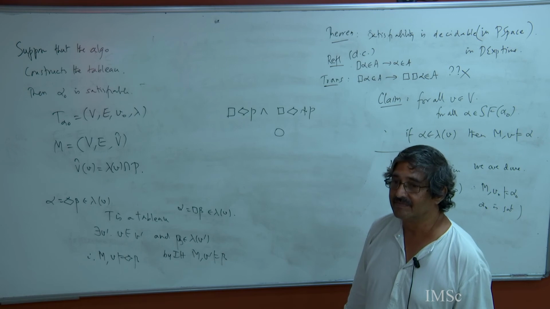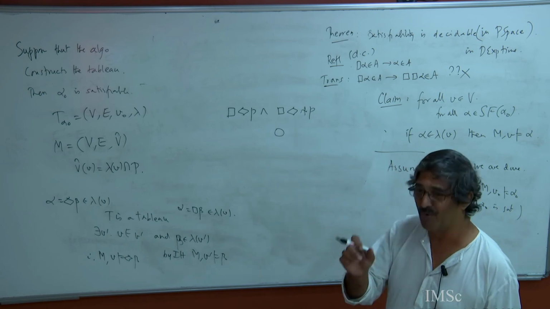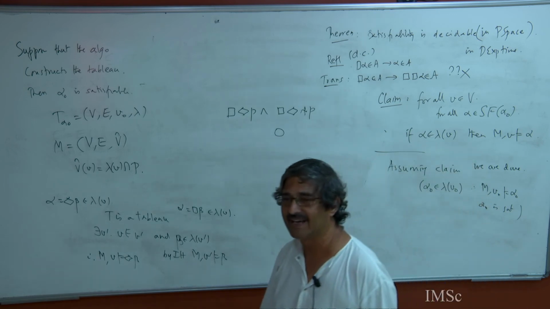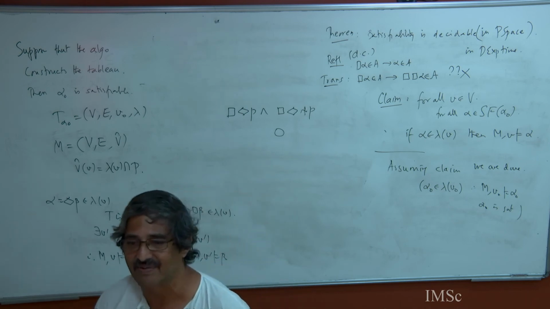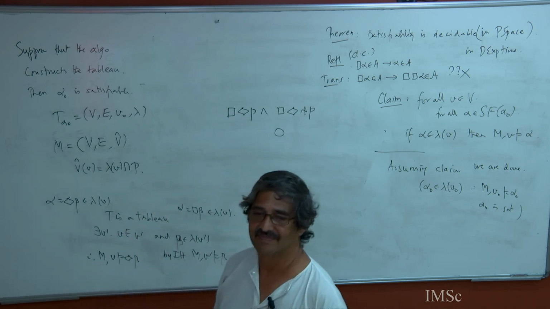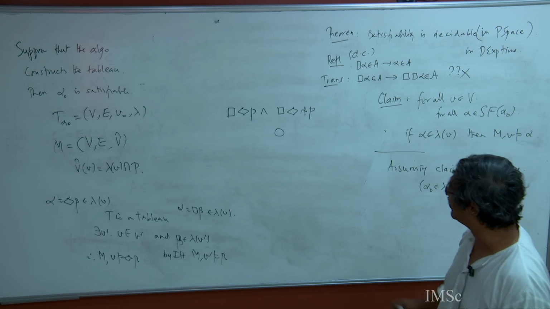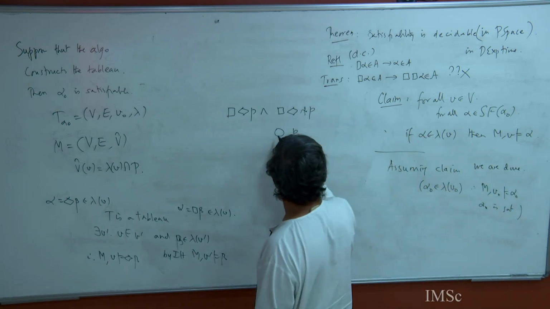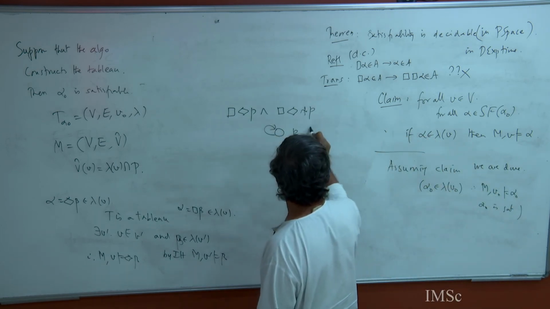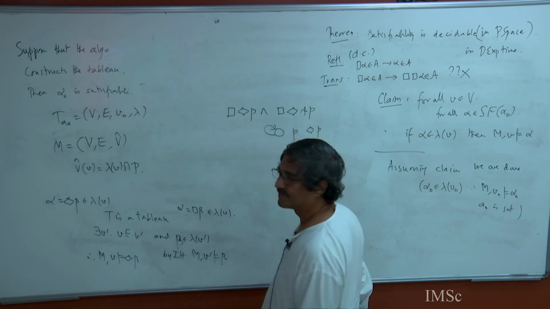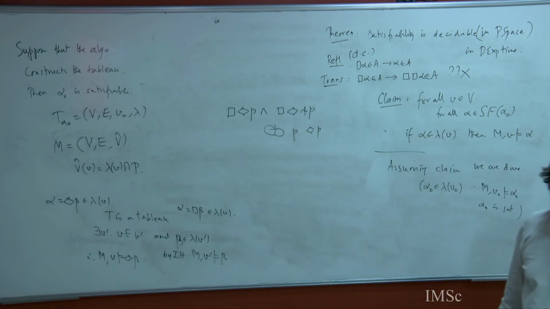And if you want, I will also make it reflexive, right. So, let us say that we are looking for a reflexive and transitive frame, right. So, let us say P holds, I am going to add this edge, so diamond P holds, right.